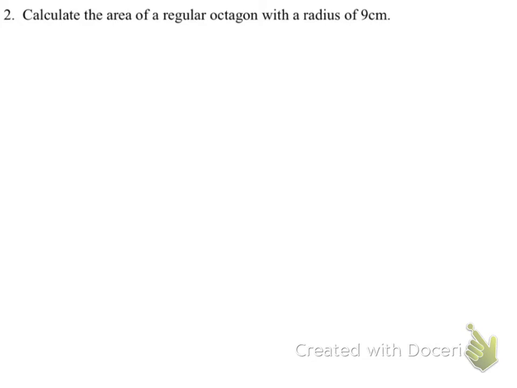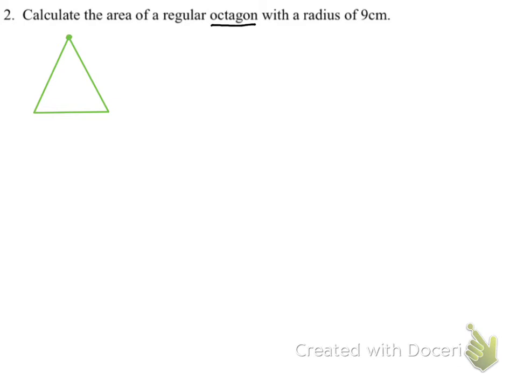So we're going to calculate the area of a regular octagon. So we're still talking about an 8-sided shape. But this time we have the radius. So I'm not going to draw the whole picture. I'm going to draw the green triangle. The radius would come from the center to the corner.